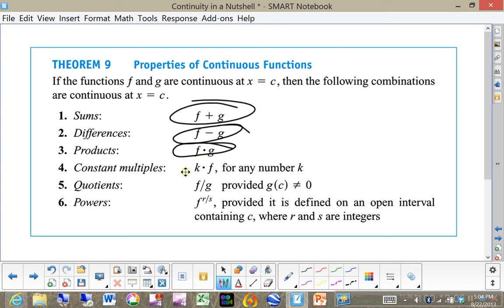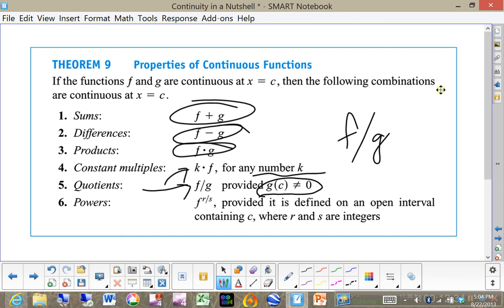If you multiply one function by the constant k, that new function will be continuous. If you divide one function by the other, the function f over g will be continuous unless g at c is equal to 0. Then, of course, it will have an asymptote there.